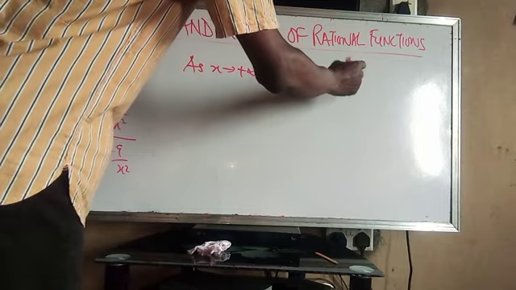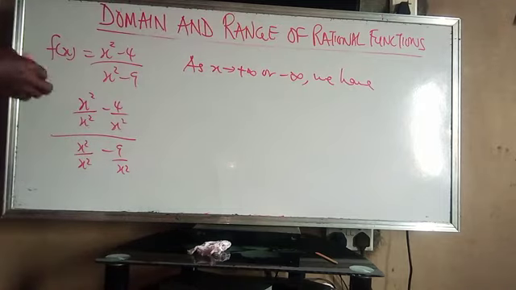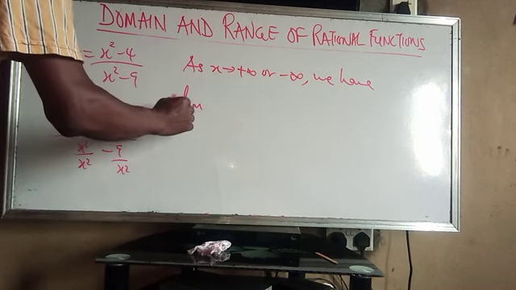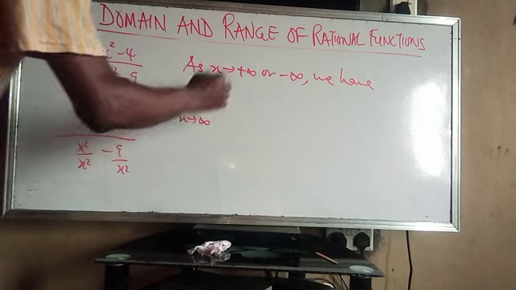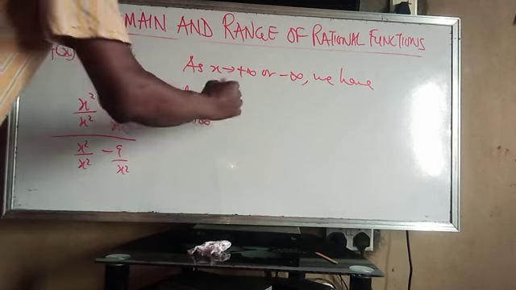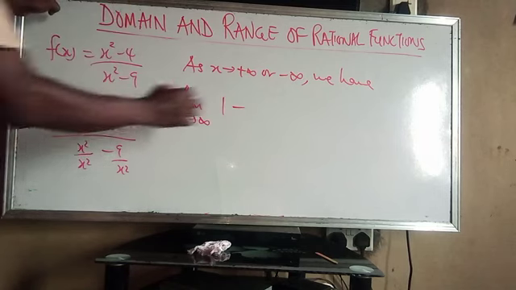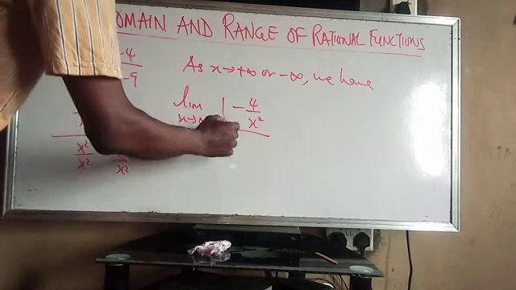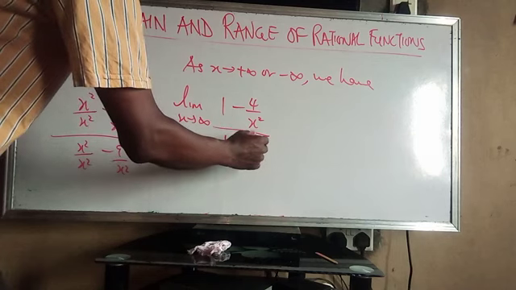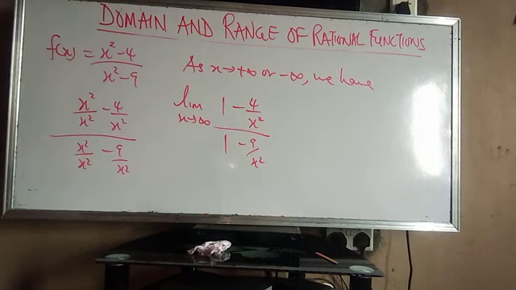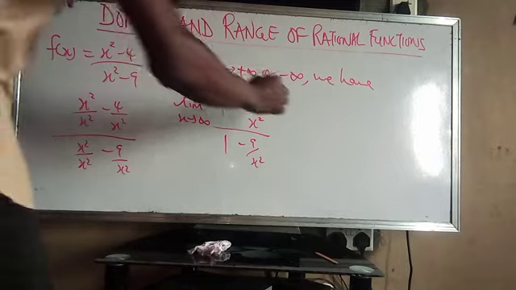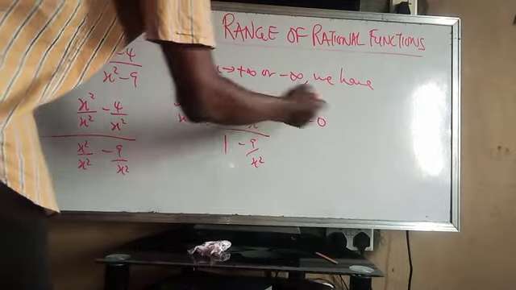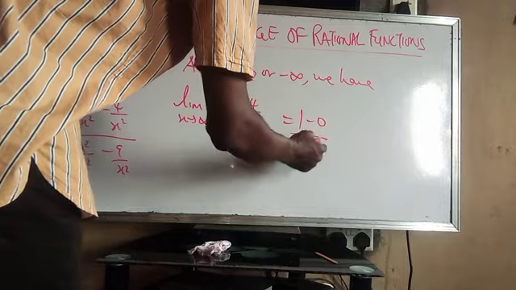This gives 1 minus 4 over x squared, all over 1 minus 9 over x squared. So as x tends to infinity, we have 1 minus 0, because 4 over infinity squared is 0, all over 1 minus 0.